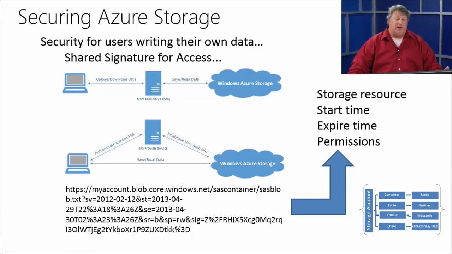Basically, your application goes out and gets authenticated through an SAS provider. It does a get, comes back, and at that point you have a key, and you can write to your Windows Azure storage. If you look at the bottom here, you can see this is one copied. What this URL has in it that allows access is the storage resource, the start time, the expire time, and what permissions this particular URL has.